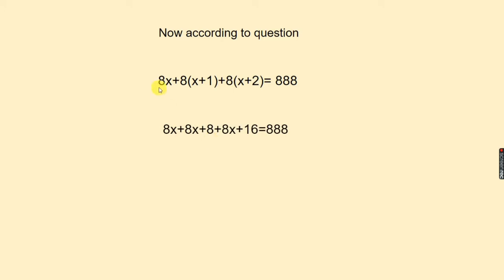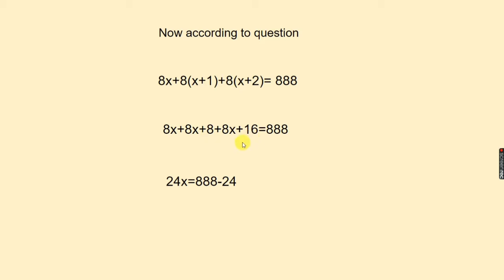So we got 8x plus 8x plus 8 plus 8x plus 16 is equal to 888. Now we add the terms of x. 8x plus 8x plus 8x is equal to 24x, and 8 plus 16 is 24.